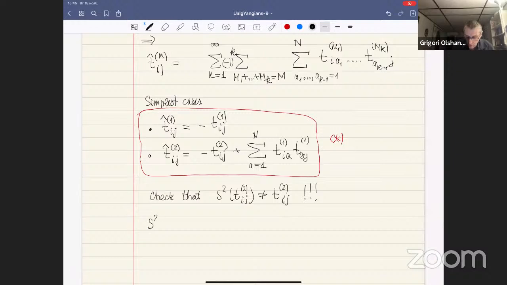So applying the antipode, we get this expression. And next we have to apply the antipode twice. Applying twice, we apply first to this. Oh, sorry, I don't want to.